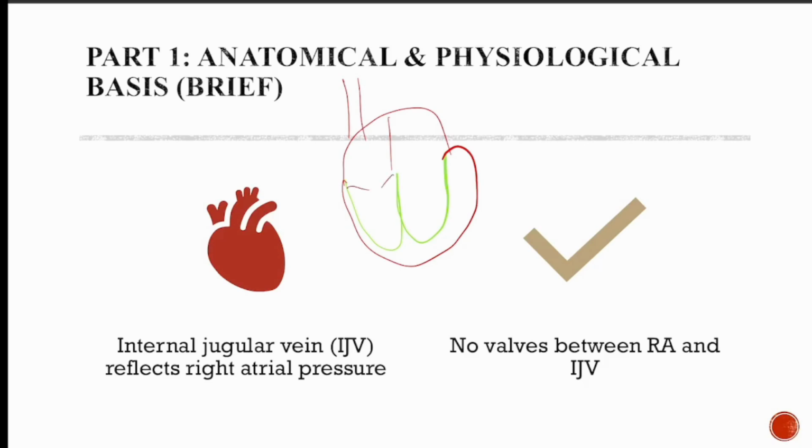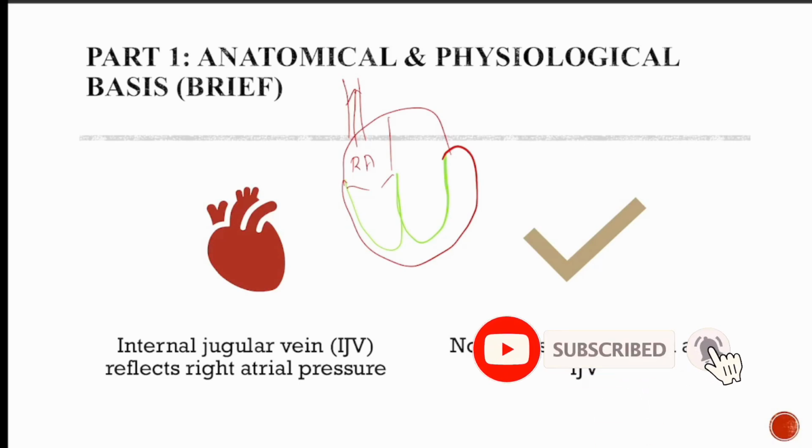The changes in the right atrial pressure are reflected inside the venous system, and that is what we measure as the jugular venous pressure and pulsations. During systole and diastole, changes in the pressure in the right atrium occur, and that is what produces the waveforms.